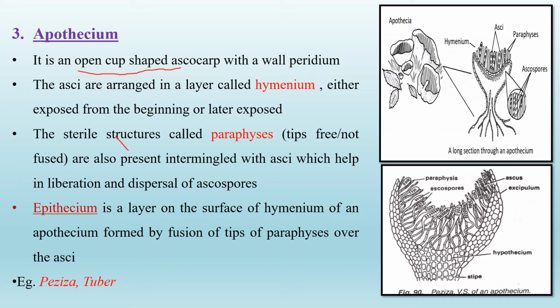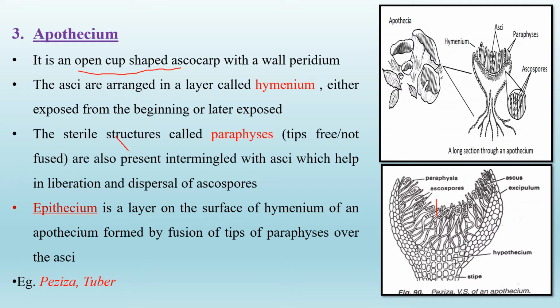It is also made up of a wall, the peridium, and asci are arranged in a layer called hymenium. If they are systematically arranged, that layer is known as hymenium, either exposed from the beginning or later exposed. Here you can see in this picture the asci are exposed, or they are covered with some structures and later exposed.